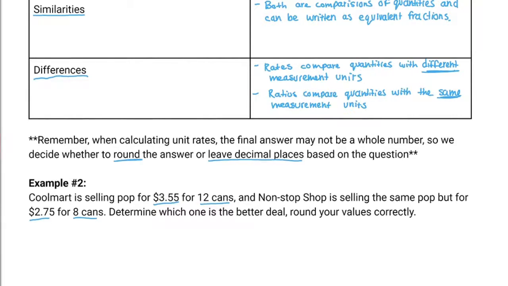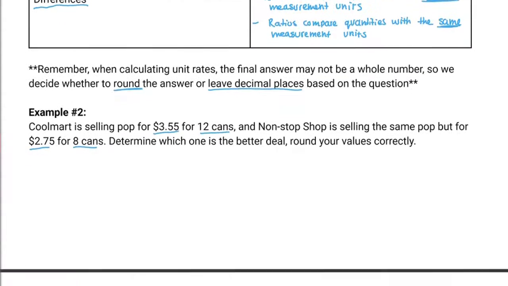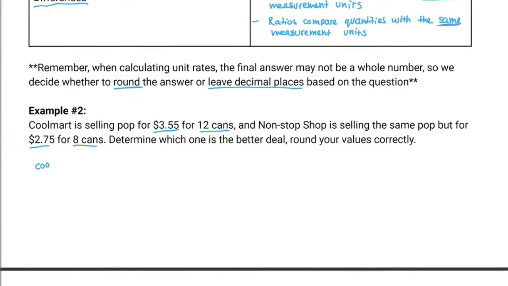So our goal now is to find the cost per each can. So let's start off with Coolmart. So we can write this as a proportion. So we have dollars over cans. And we have 3.55 over 12. And we're trying to find the cost per 1 can. So we represented our unknown value with an x.